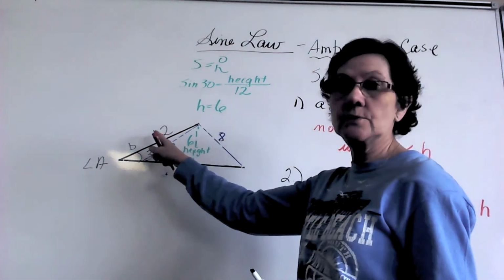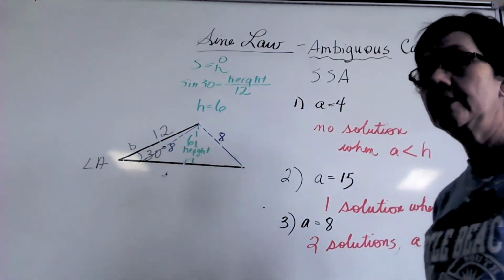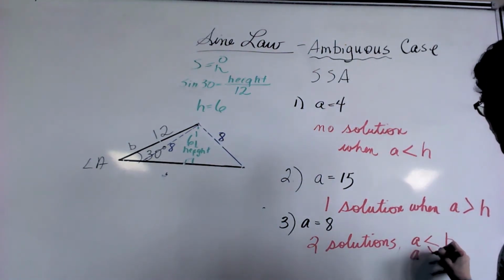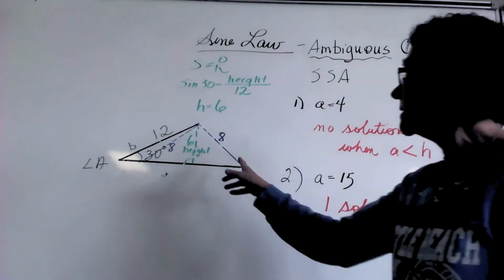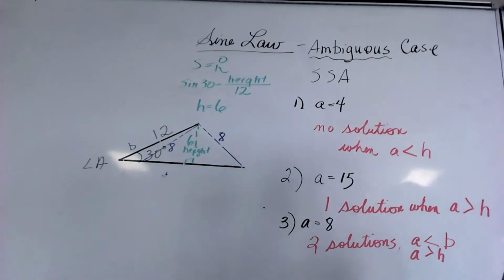Those have to be less than 12, and obviously they have to be greater than height. If they're not greater than height, it's not going to work. The key being, this is less than that, and we're going to have 2 solutions to that equation.